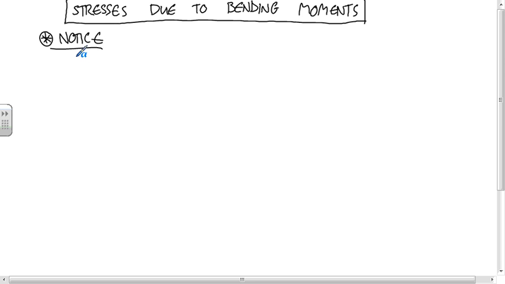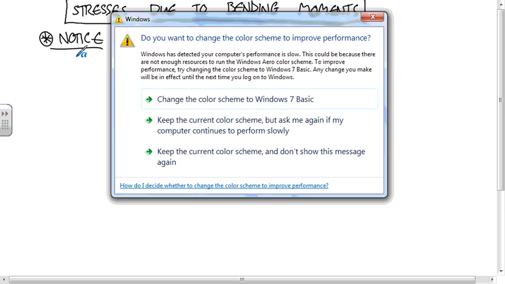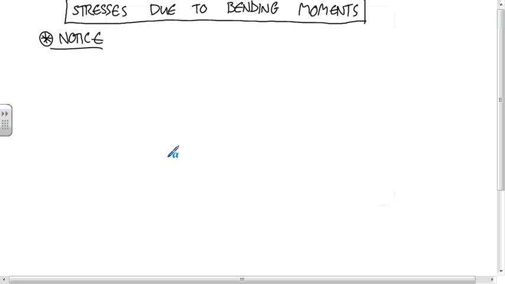How do we combine those into a single state of stress? That's important, otherwise we'd only be able to deal with beams that had tension compression, or had bending moment, or had a shear force. Well, you add them the same way.